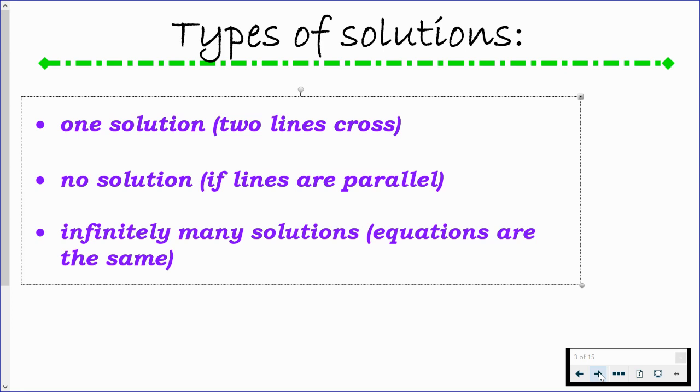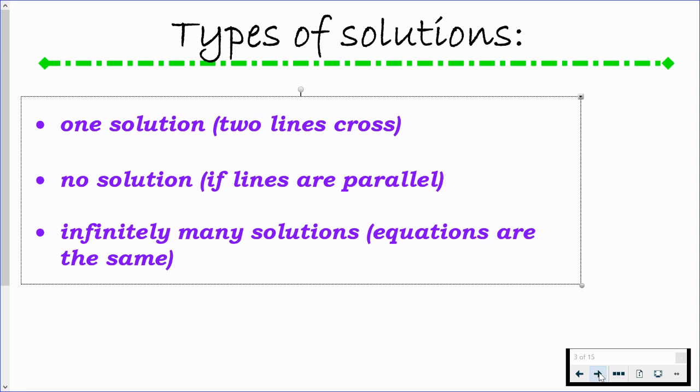You're going to notice with the substitution method that there are other ways we can look at the equations and solve them algebraically to see if it's no solution or infinitely many solutions. So this week with substitution, you're completing more algebra with finding the ordered pair.